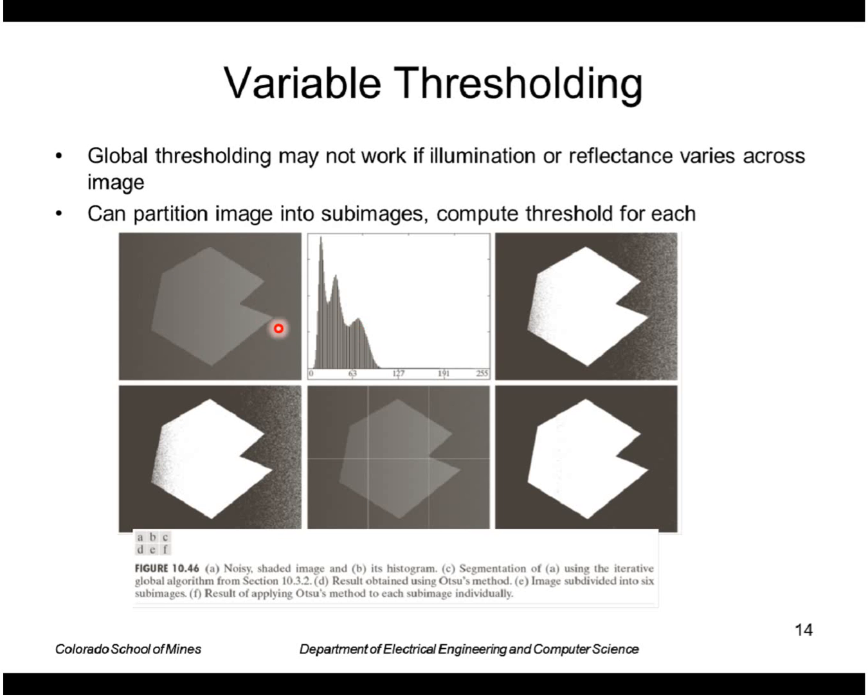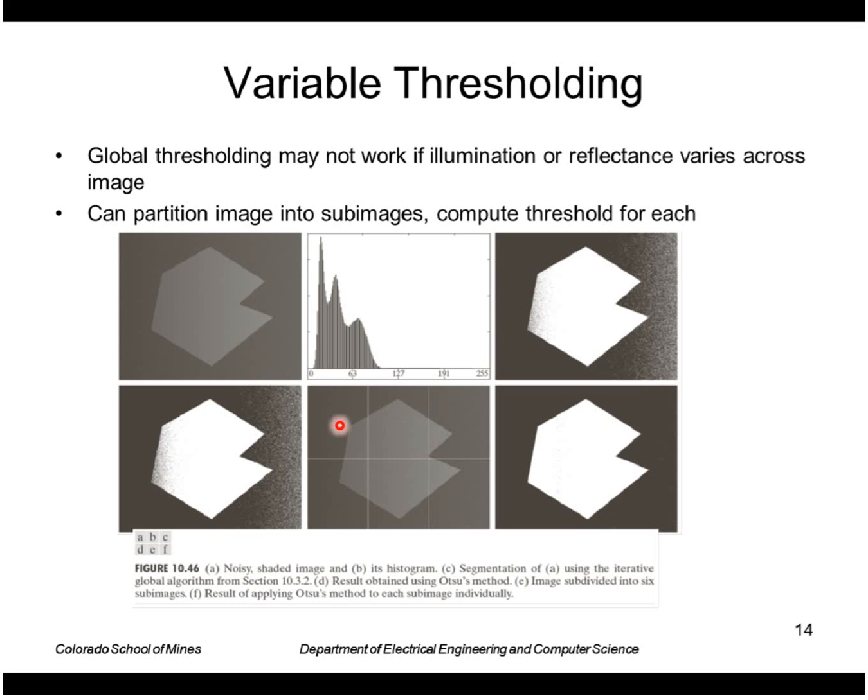It has a histogram that looks like this, but as you can see, it is darker on the left and brighter on the right here. So if we were to use a global threshold, either the iterative algorithm or the Otsu method, you can see that we have mistakes in this segmentation.